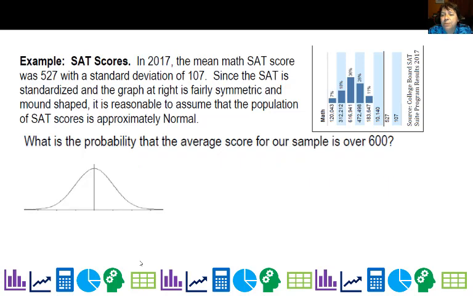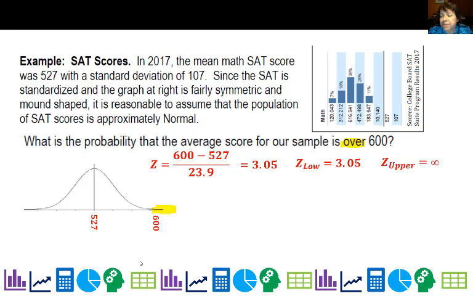Okay, what is the probability that the average score for our sample is over 600? Well, there's 527 and there's 600. It's actually more than 3 standard deviations away. So we want to be on that side. Let's find the z-score. It's 3.05. It's slightly more than 3 standard deviations away. So my z-low is 3.05.